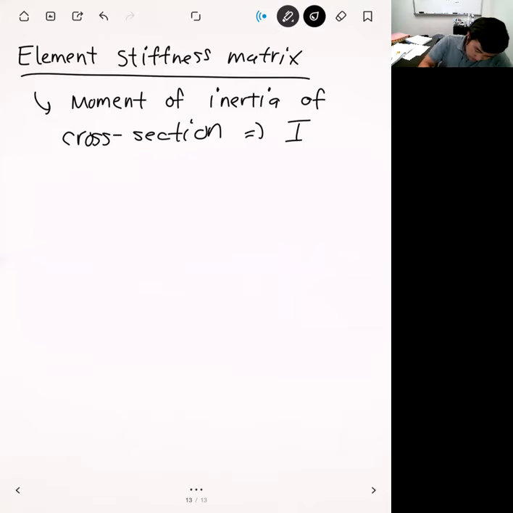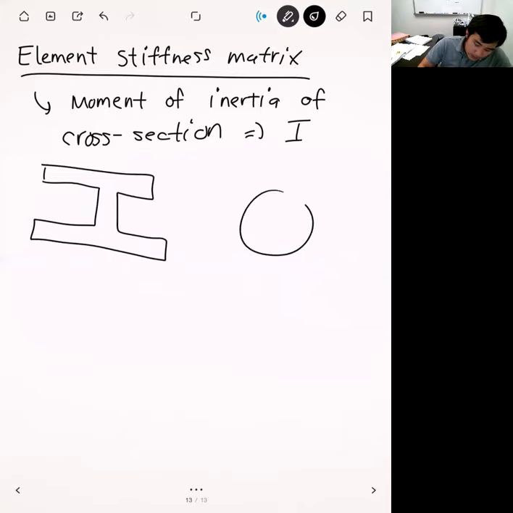If you have an I beam like this, versus maybe a cylindrical beam, mass is distributed differently in these two beam cross sections, and that basically affects the transverse displacement and the rotation.